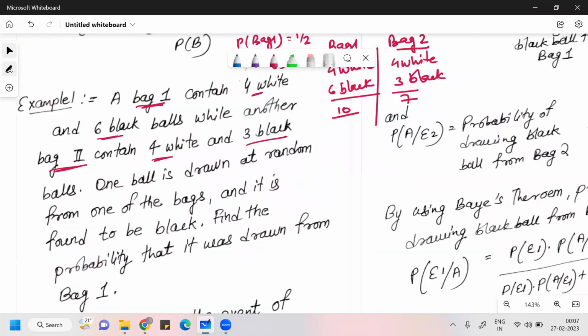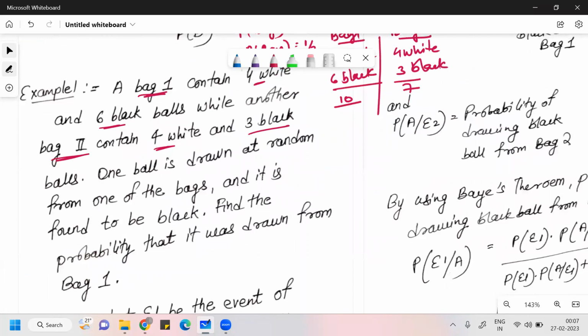What they are telling you in the problem is that one ball is drawn at random from one of the two bags. The probability that you choose bag one or bag two is one by two. You have chosen one ball and found it black in color.